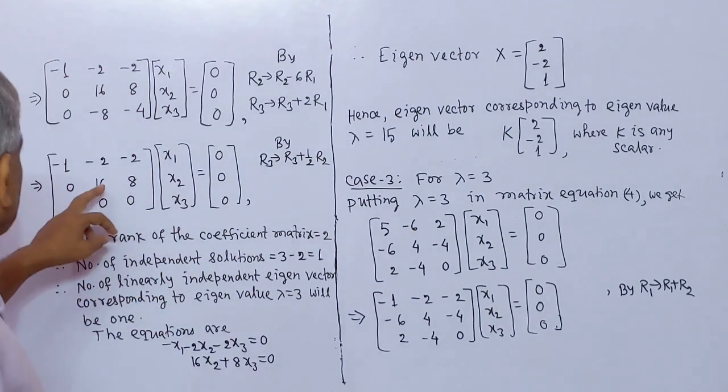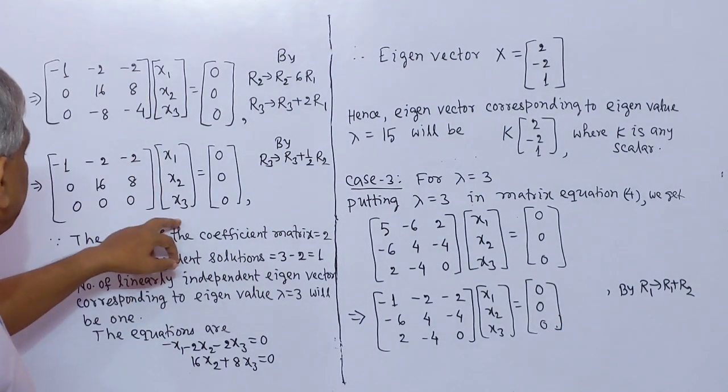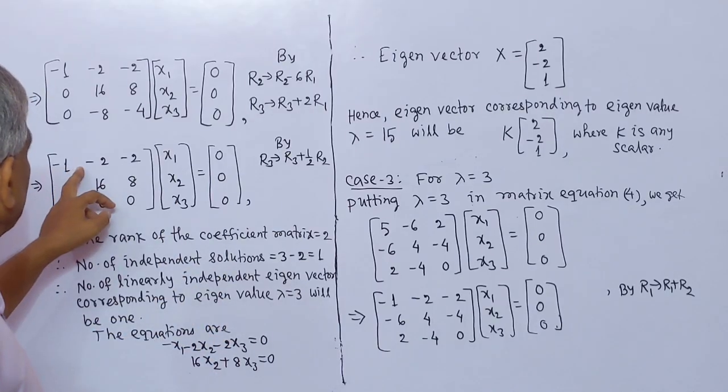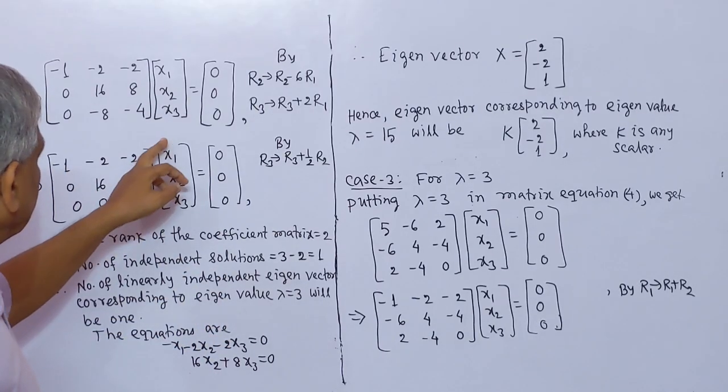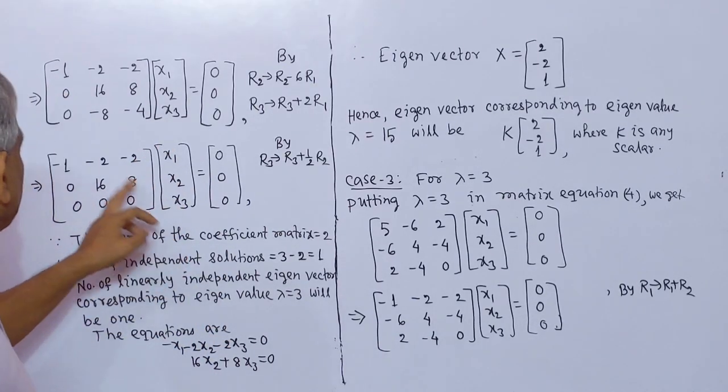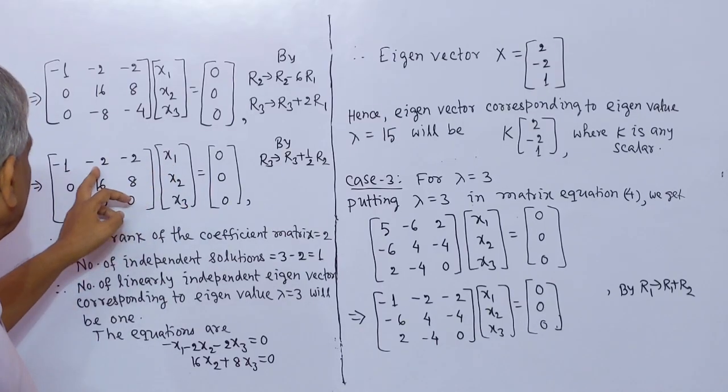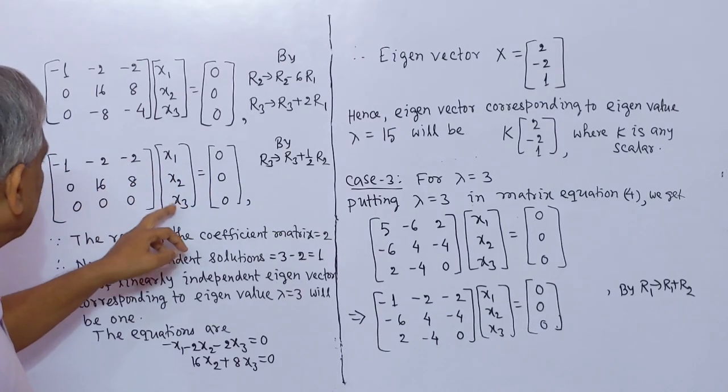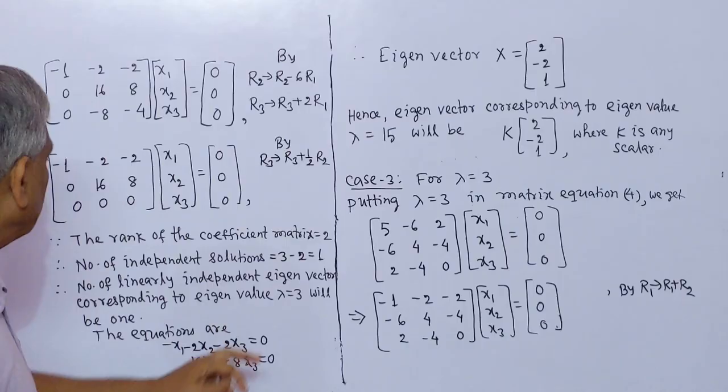Now, we may frame these equations. We multiply first row, multiply first column, minus x1 minus 2x2 minus 2x3 equal to 0.